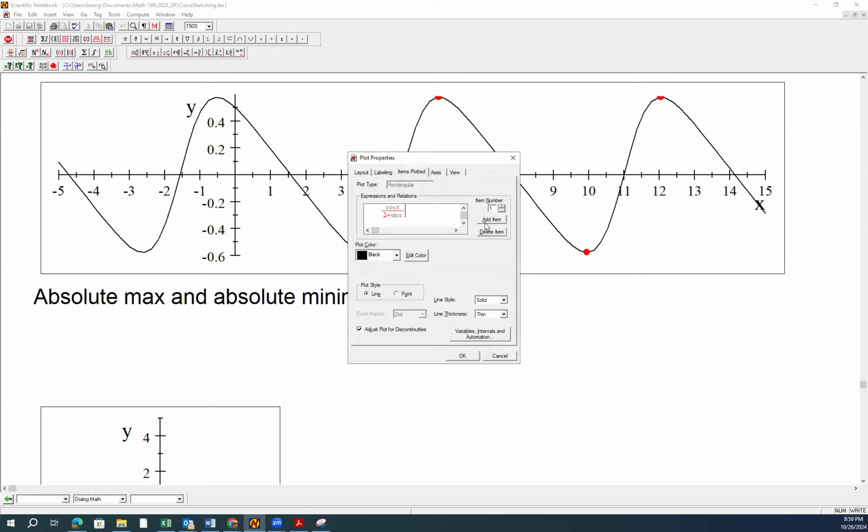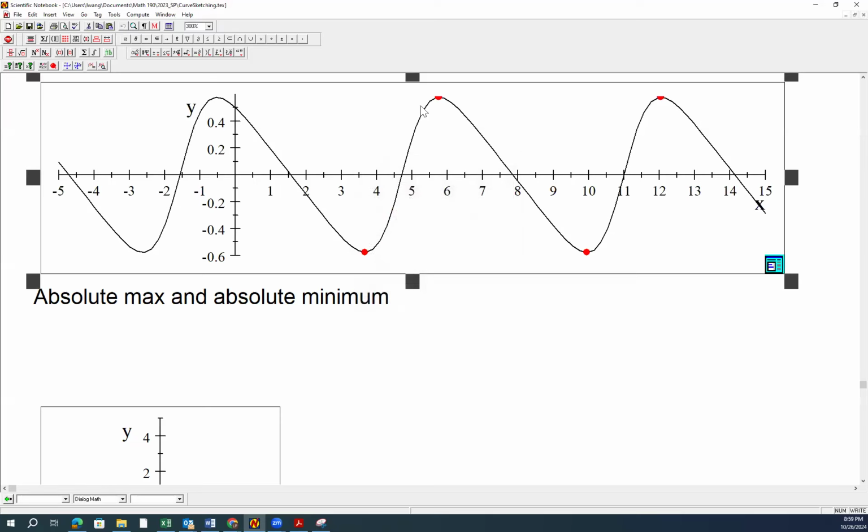Okay, so let me show you. See if I subtract 2 pi. Max, min, we should go there.